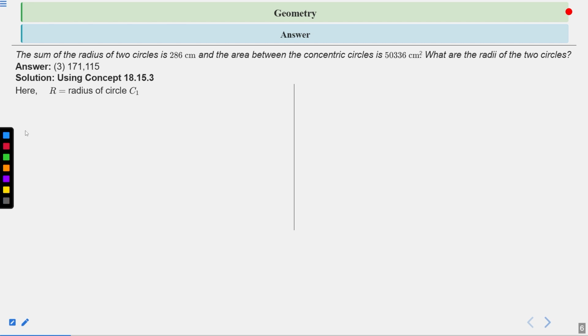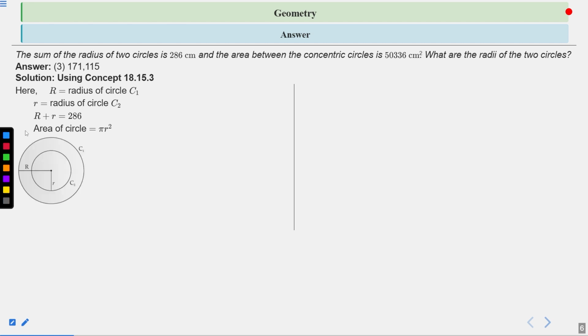We can say that capital R is the radius of circle C1 and small r is the radius of circle C2. So R plus r is given, which is 286 centimeters. Now the area of a circle is pi r square.